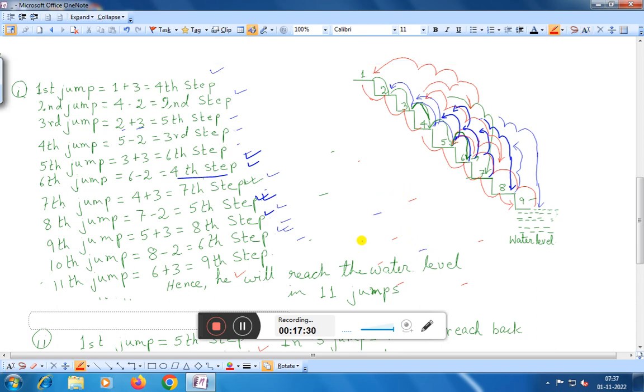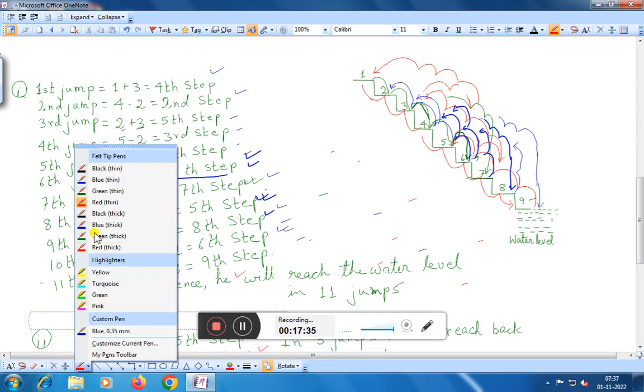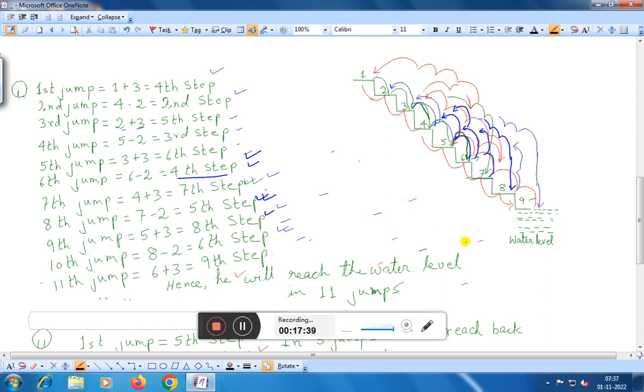Plus 8 means, here you see, if we change the color, suppose this is black color, this is from the ninth step he goes upward, and from here you see this is 1, 2, 3, 4, 5, 6, 7 and 8, right?